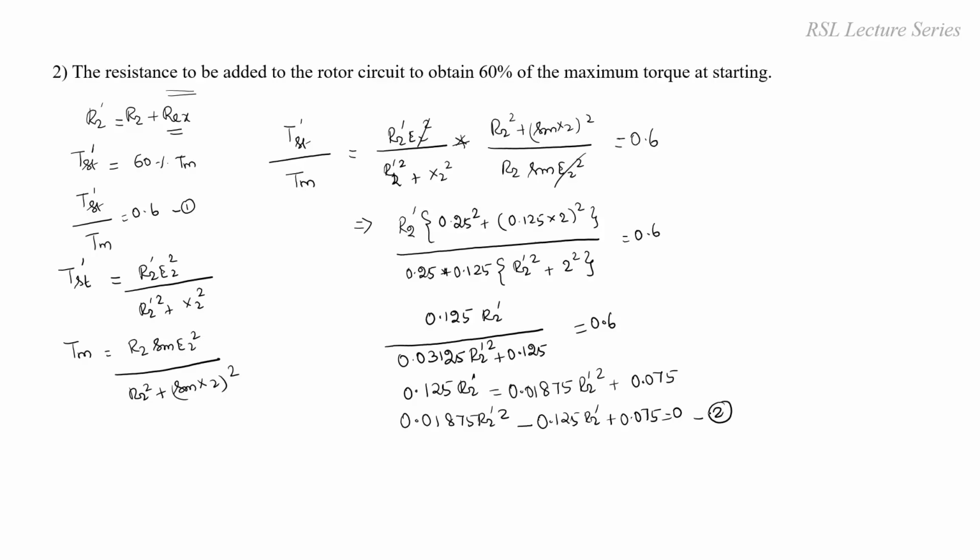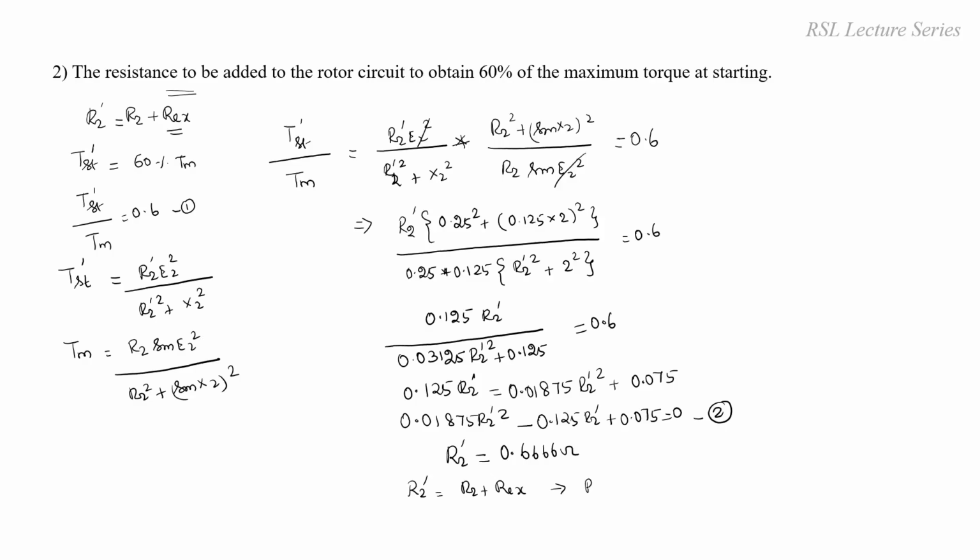So this is a quadratic equation in R2 dash. On solving this equation, we will get R2 dash as 0.6666 ohm. Now we have to find out the REX value. We know that R2 dash is equal to R2 plus REX.